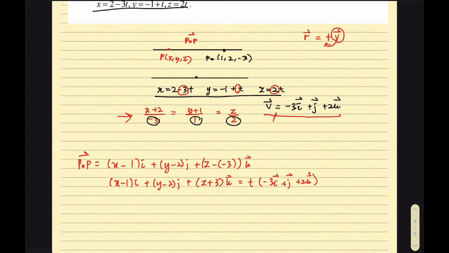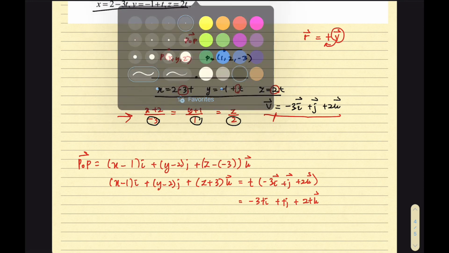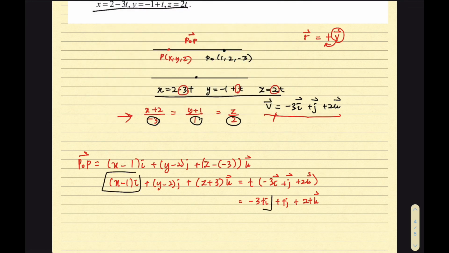Okay, so you expand the vector on the right side. So what you will have is negative 3ti plus tj plus 2tk. Alright. So next we compare both sides, the i and i here. So what you will have here is x minus 1 is equal to negative 3t. Okay, and the j and j here. So what you will have here is y minus 2 is equal to t.